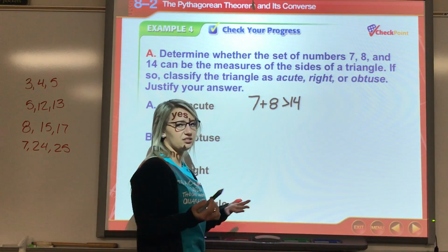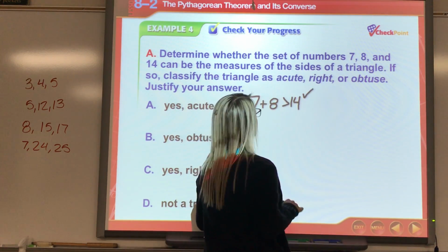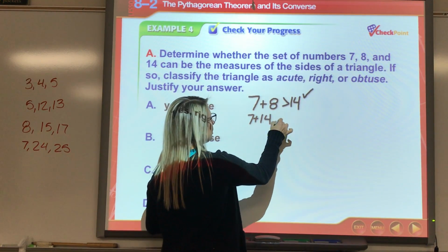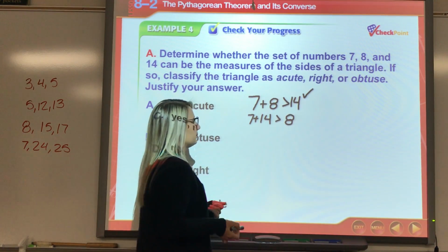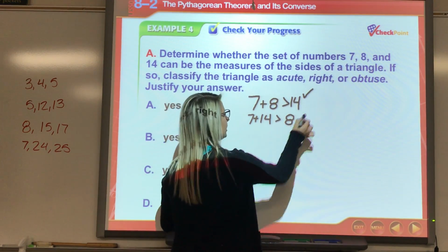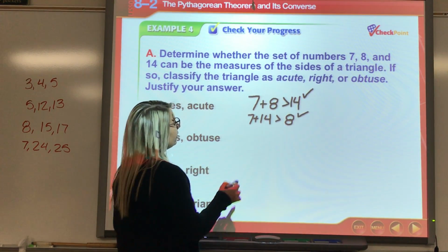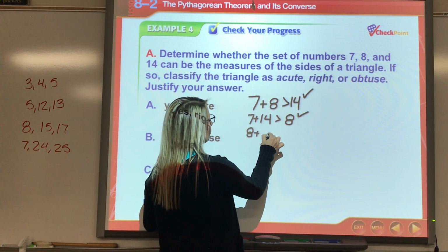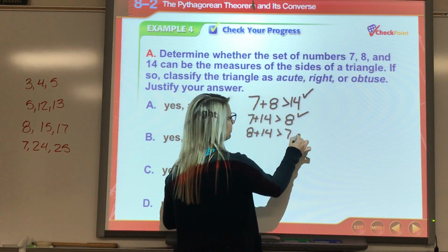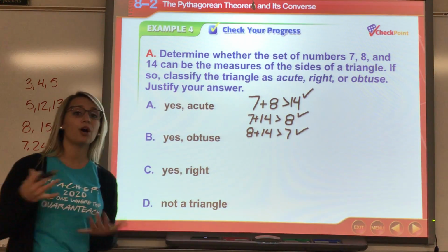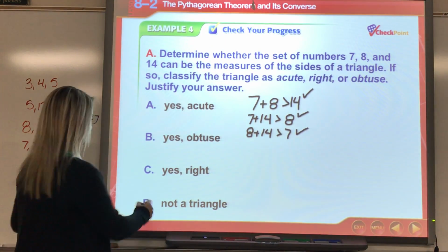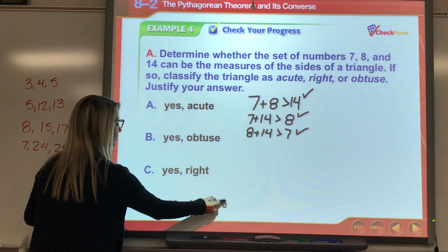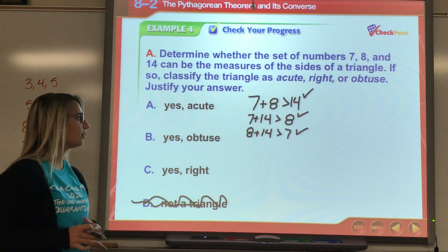Here we get 15, so that one looks good. Okay, we're going to take 7 plus 14 being greater than 8. We get 21, so that checks out. And now we take, which one am I missing? 8 plus 14 greater than 7. Yep, that checks out. So these side lengths are for a triangle, so we're just going to scratch out option D because we know that it is a triangle.